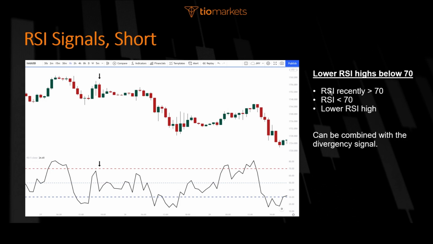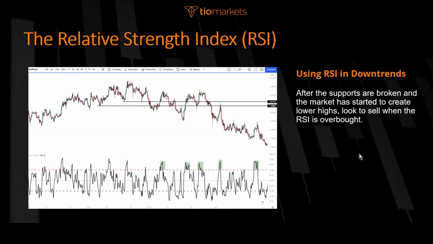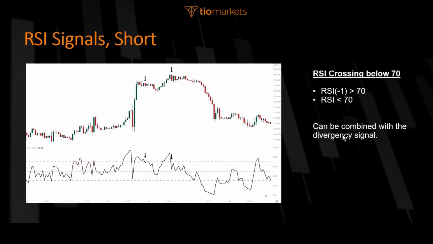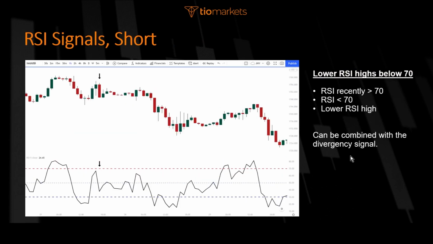RSI has recently been above 70, then it goes below 70 and creates a lower high. That's when we can have a signal. So just to clarify, this is a highlight. This is an alert for you to get ready to trade. Then these are signals to take a trade.